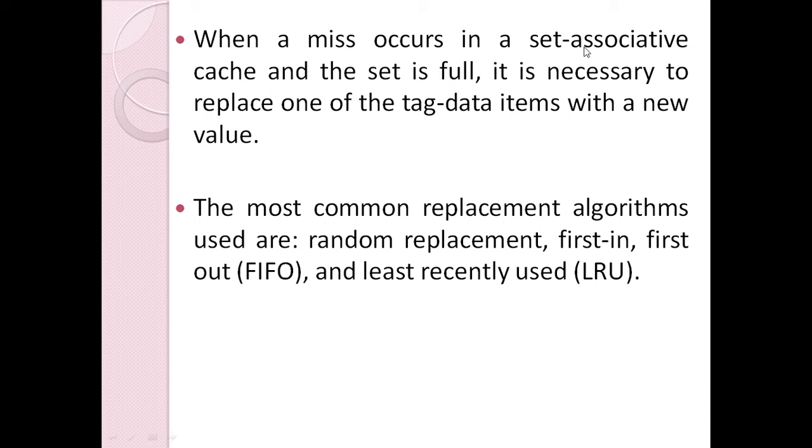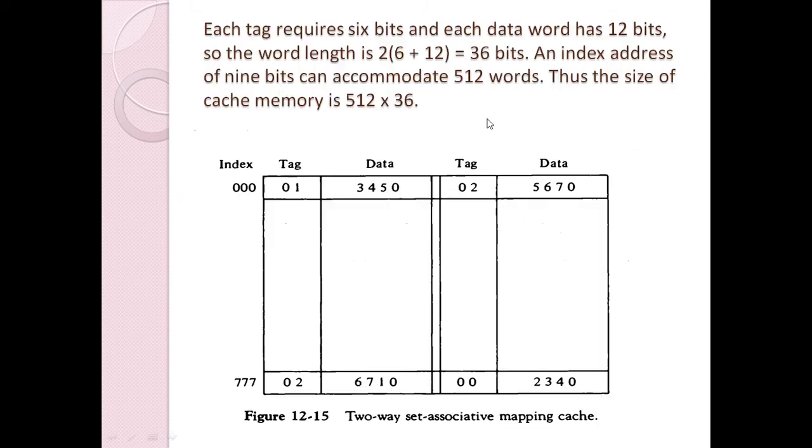Whenever there is a miss in a set associative cache and the set is full, then it is necessary to replace one of the tag data items with a new value. Say the CPU demands 03000. 01000 is available, 02000 is available, but 03000 is not available.